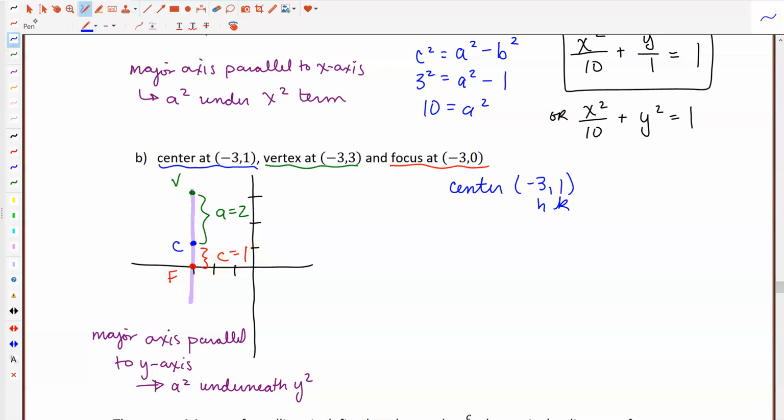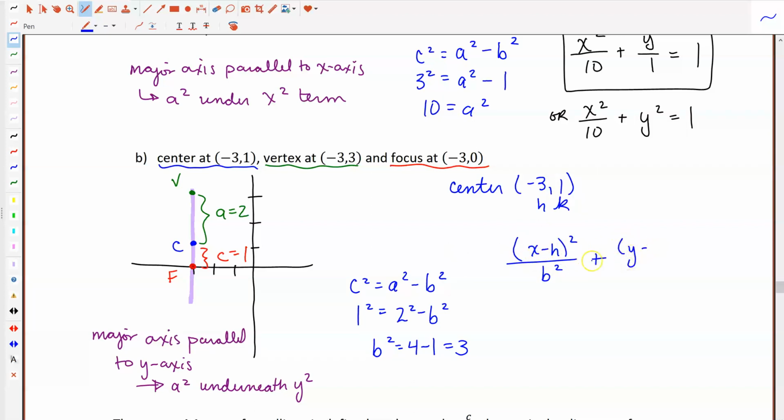So using those pieces of information, c squared is equal to a squared minus b squared. So 1 squared is equal to 2 squared minus b squared. That means b squared is equal to 4 minus 1, or 3. So the generic form for these would be x minus h squared over, now the b goes associated with the x, y minus k squared over a squared, because a has to be associated with y.